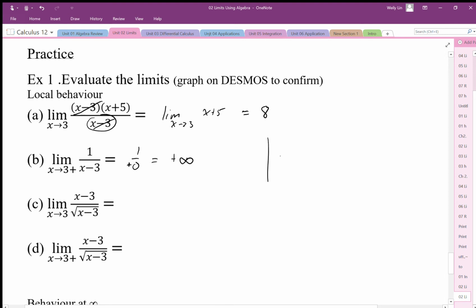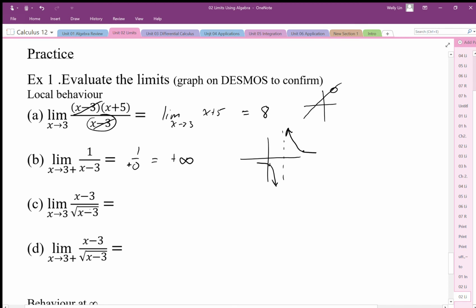If we're to sketch the graph of this, the graph should look like this. We have a vertical asymptote at 3, and from this side it's going to be positive, and this side is heading towards a negative. Then we have our asymptotes going out like this. Graphing this, I can sketch that as well. There's a hole there.